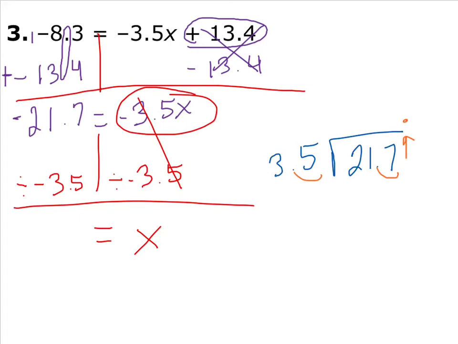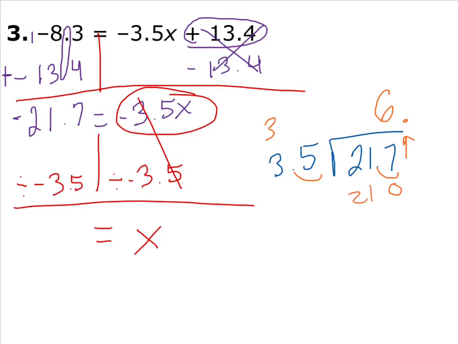Now, how many times does 35 go into 217? Well, I'm not really sure. Let's see what we get here. Let's try 6. Let's see what we get if we do 6 here. 6 times 5 is 30. 6 times 3 is 18, 19, 20, 21.